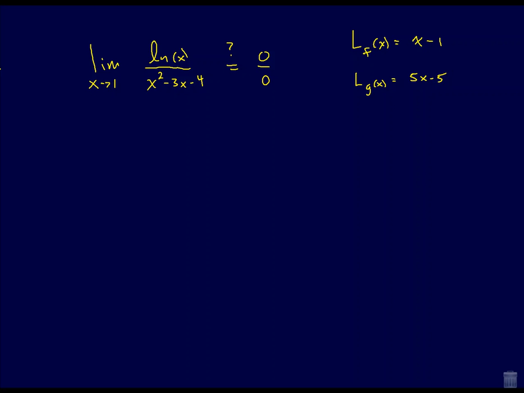So what if we just try and replace the two original expressions with the linear equations that approximate them near the value 1? Let's give this a try. We're going to put in the equation of the tangent line to the logarithm function, which was x minus 1. And we're going to put in the equation of the tangent line to this other function at x equals 1, which was y equals 5x minus 5.